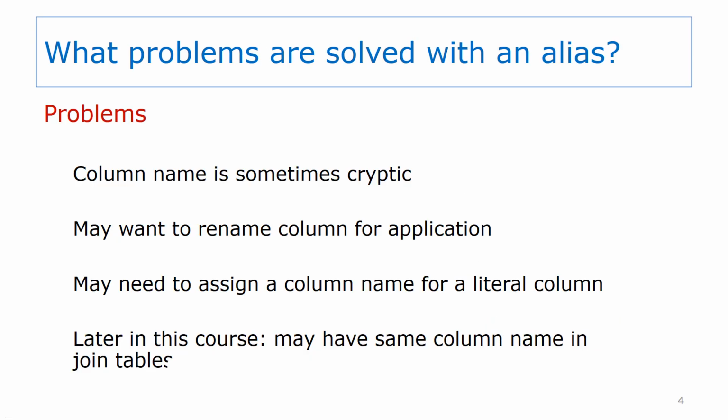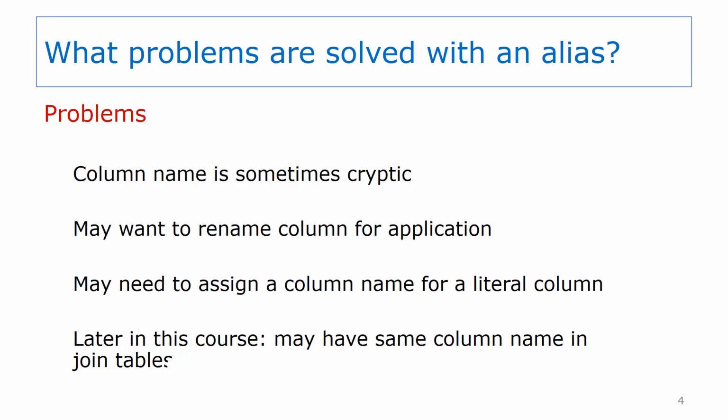To better understand the column alias technique, you can consider some of the problems that are solved by using a column alias. In some cases, you might need to work with tables that were defined in older applications, sometimes referred to as legacy applications. On some older systems, column name lengths were limited, sometimes as short as 6 characters.